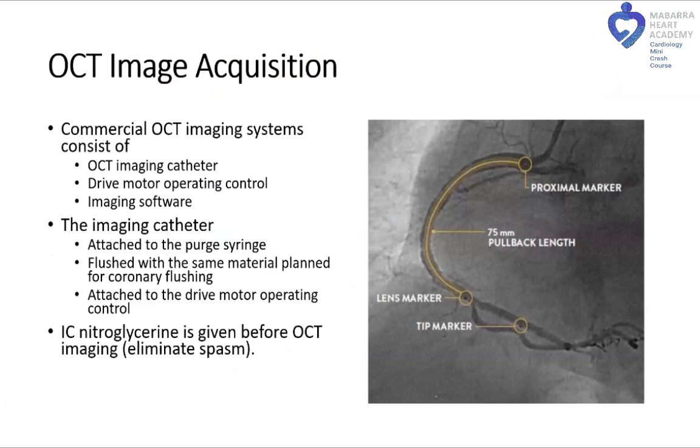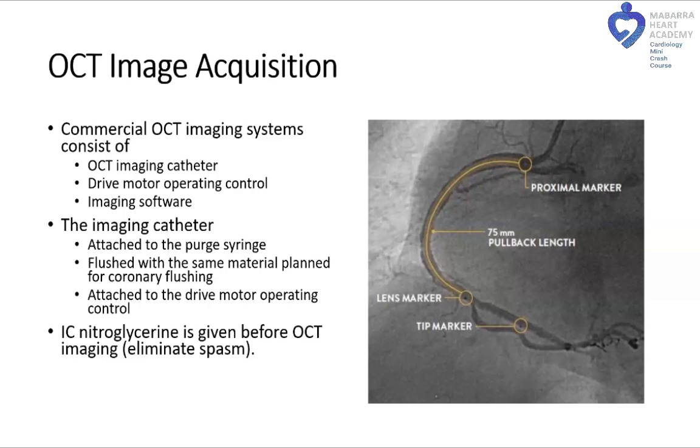In terms of image acquisition, the commercial OCT imaging system consists of an OCT imaging catheter, the drive motor operating control, and an imaging software. The imaging catheter is attached to the purge syringe and is flushed with the same material planned for coronary flushing, and is attached to the drive motor operating control.